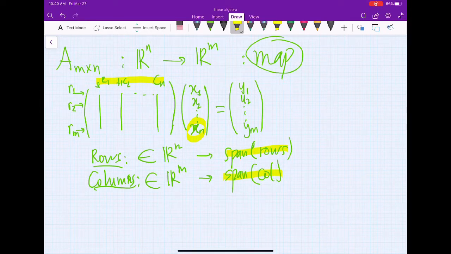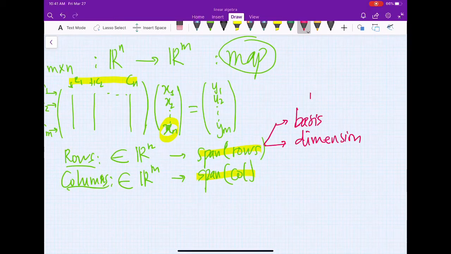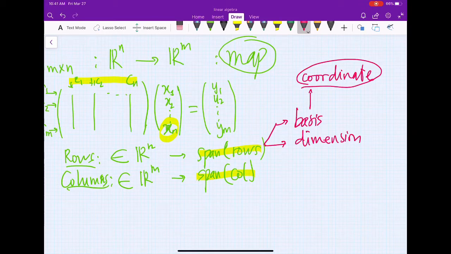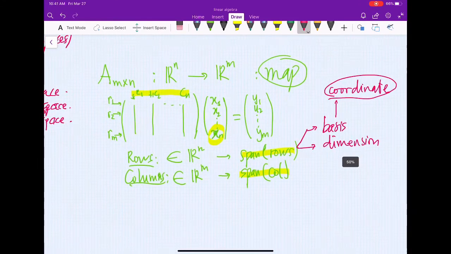Once you have a subspace, of course, you have the right to consider a basis for that space. So you need to learn basis and dimensions. With the basis, you can do coordinates. You can express any vector as a linear combination of the basis, and you get the coordinates of that vector with respect to that basis. Make sense? Okay, that is the one thing.